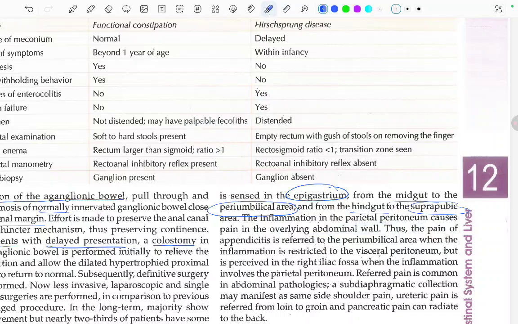So in case of appendicitis, the pain is referred to the periumbilical area when the inflammation is restricted to the visceral peritoneum, and it is perceived in the right iliac fossa when the inflammation involves the parietal peritoneum. So if the pain is perceived in the right iliac fossa, that means the parietal peritoneum is also involved. This was something new that we should know.